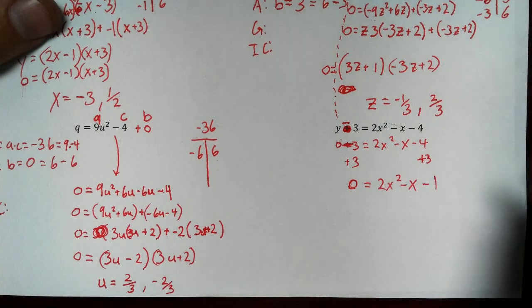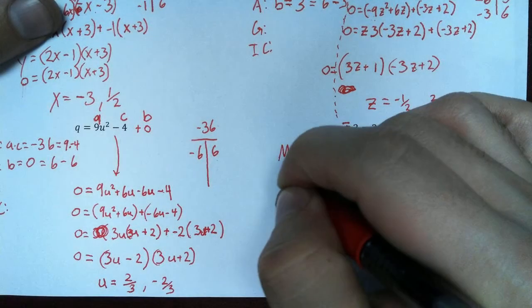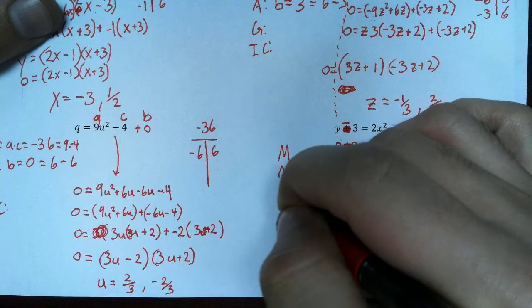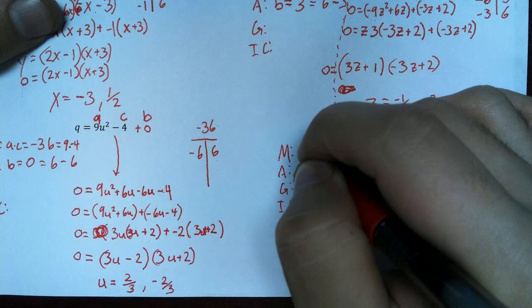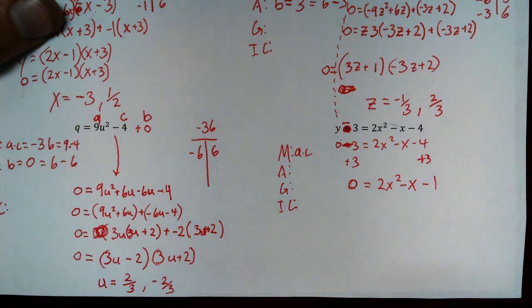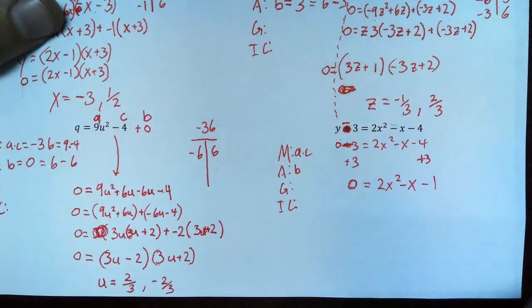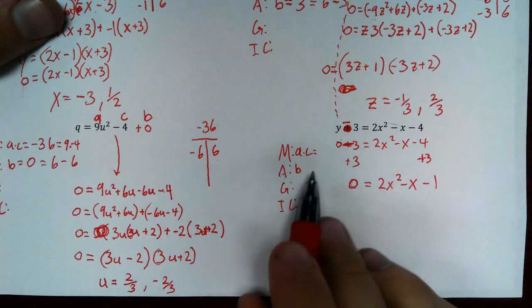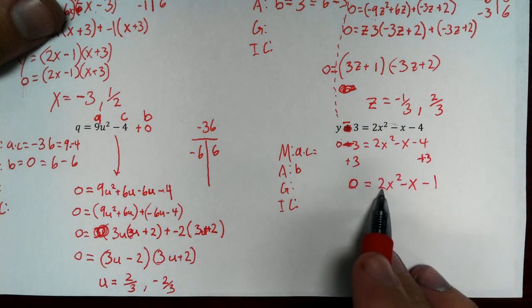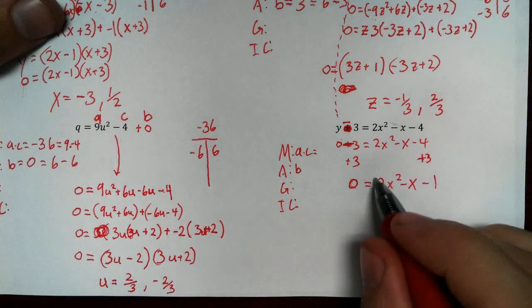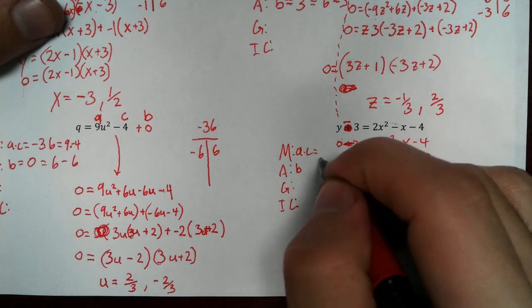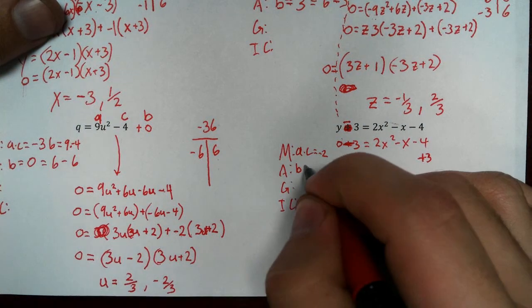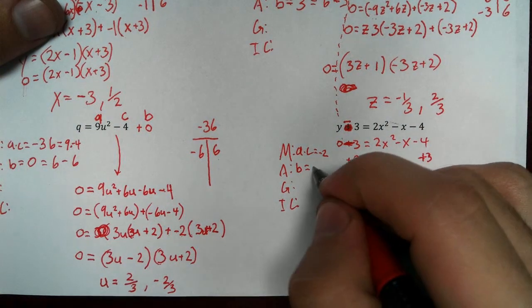So let's go ahead, we're doing the magic method again, just to remind us of the steps. Multiply a times c and then add to b. Remember, these are my a, b, c. a times c is 2 times negative 1, negative 2, and b is equal to negative 1.